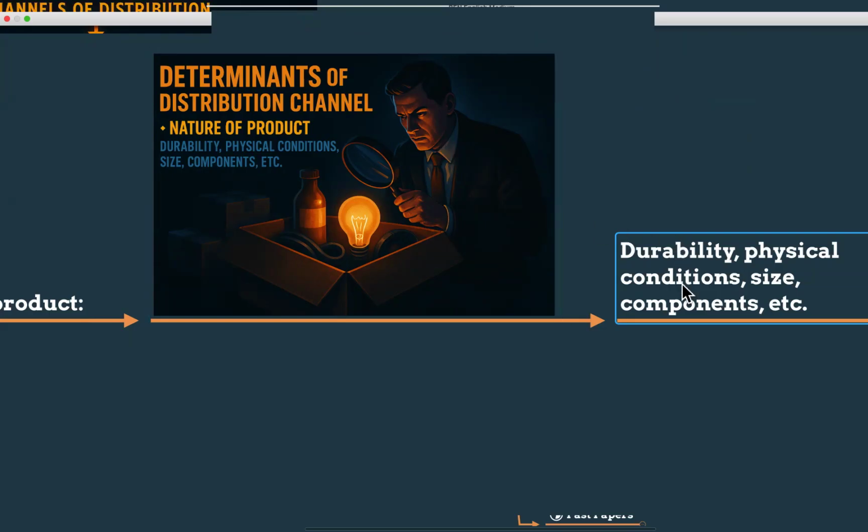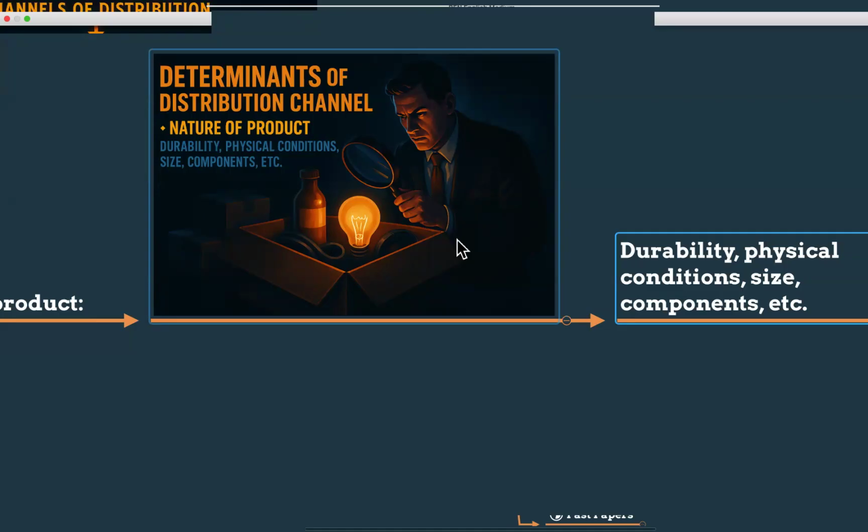For example, my dears, perishable goods like fish and vegetables need very quick and direct channels, so it's better to have a direct channel. Products like durable goods, for example electronic items, can use longer channels like multi-intermediary because they are very durable. Sometimes fragile items need very careful handling, right?